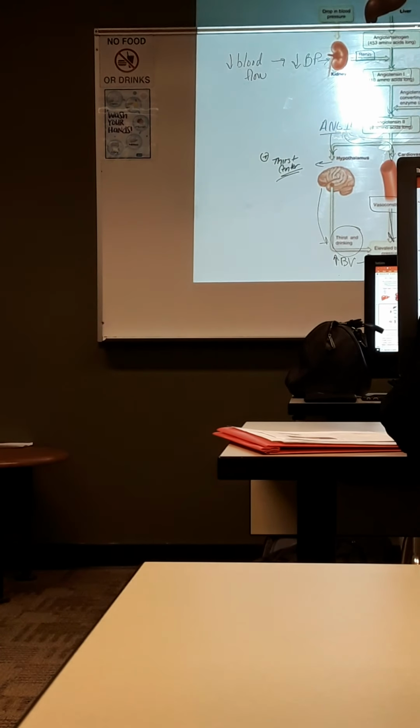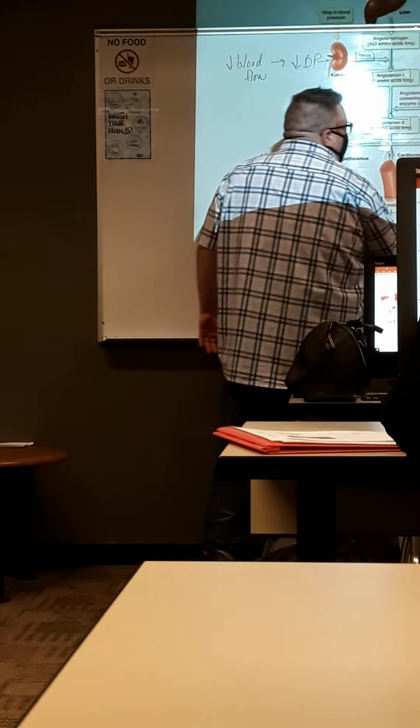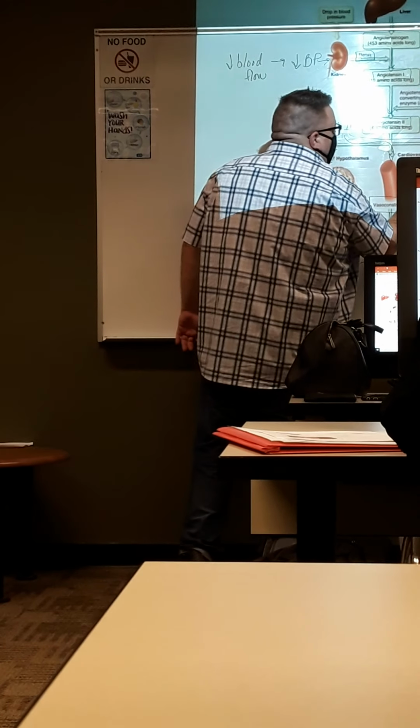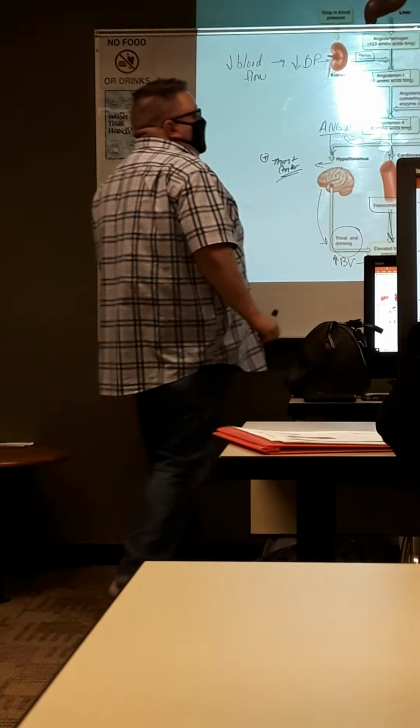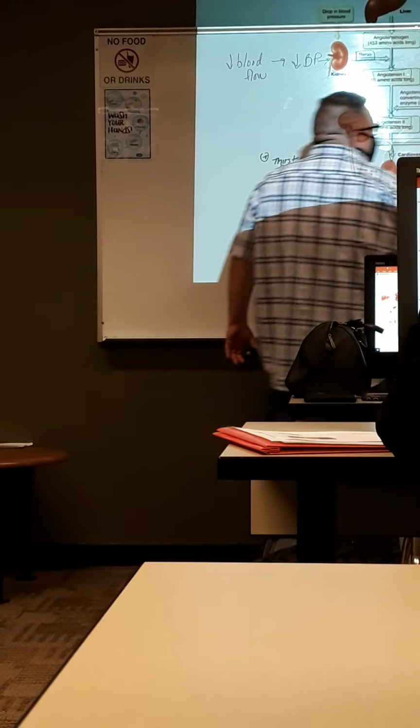Your adrenal cortex is a glandular organ that sits on top of each kidney. You have two of them because you have two kidneys. It's like a hat on top of the kidney. Now what it does is it secretes many hormones, but the hormone that we're concerned about right now is called aldosterone. Okay? Aldosterone.